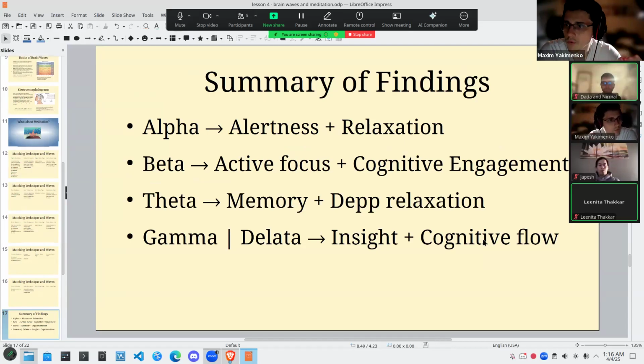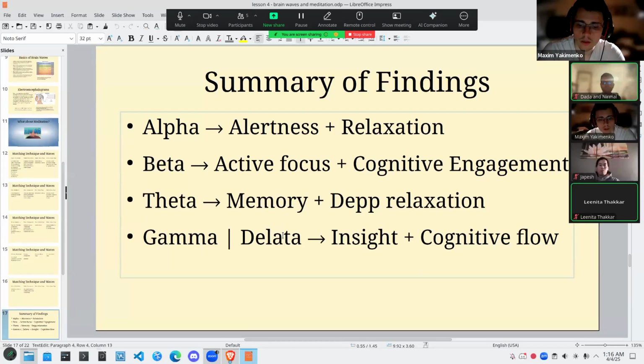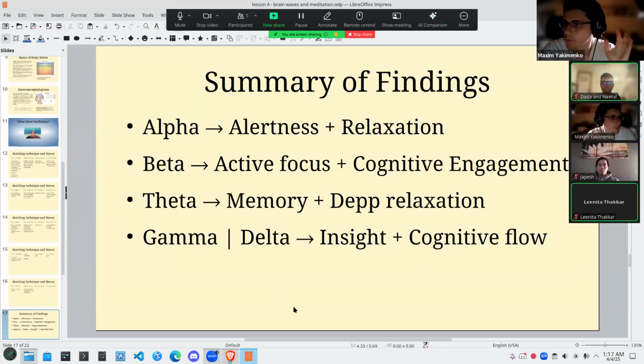And by removing the alpha waves and specifically focusing on the betas, the thetas, the gammas, and the deltas, oh, sorry, there you go. Sorry about that. So alpha, beta, theta, gamma, and delta: they remove most of the alphas and they lower their brain activity to focus on the betas and the thetas.